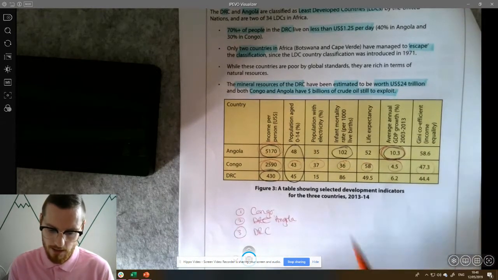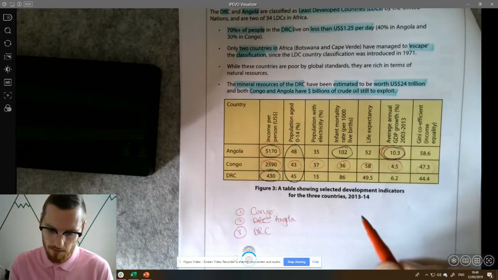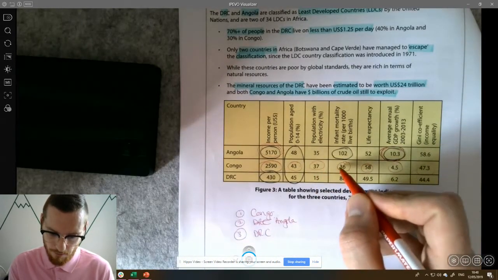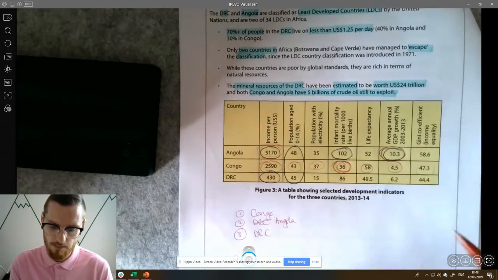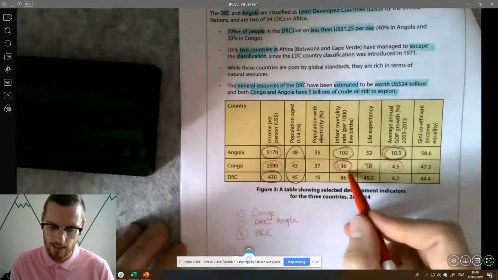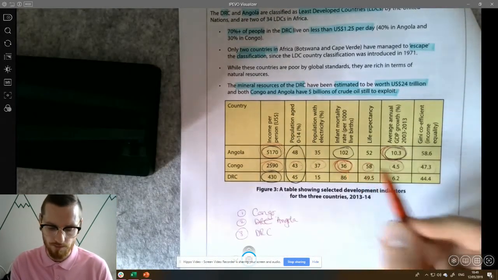And again, thinking about extremes, I can pick out some extremes here. I would say that infant mortality is an extreme, so picking out that extreme and really focusing on that extreme analytically to support Congo being the most developed.